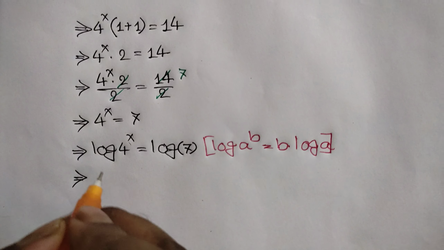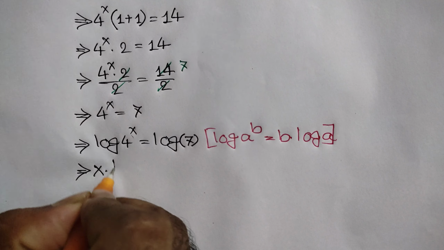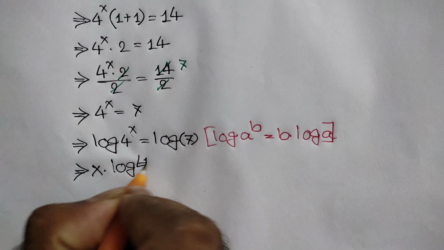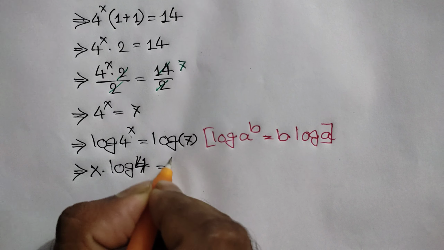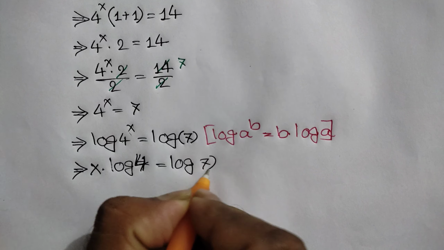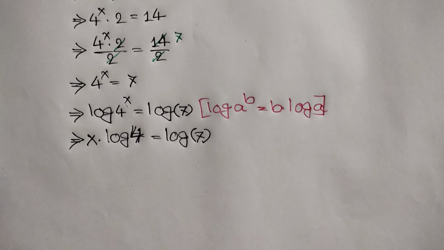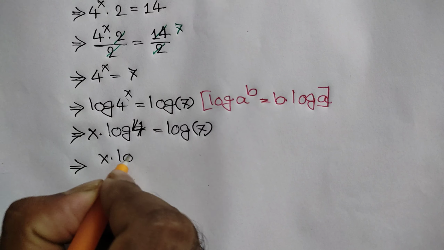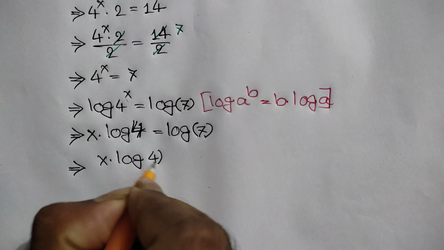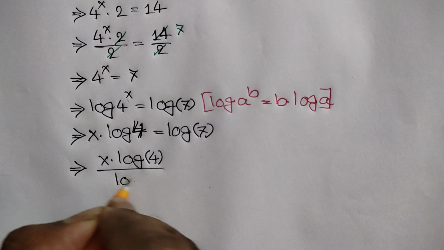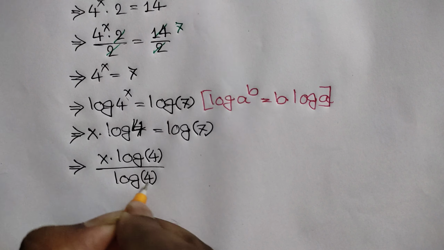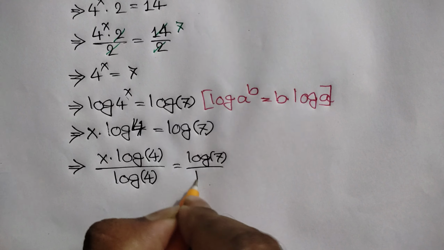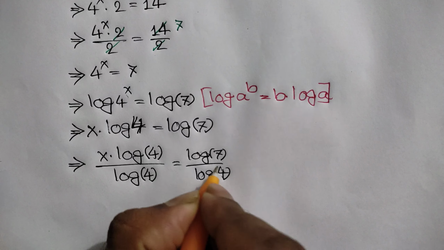Here we can write x times log of 4 is equal to log of 7. Now divide both sides by log of 4: x times log of 4 over log of 4 is equal to log of 7 over log of 4.